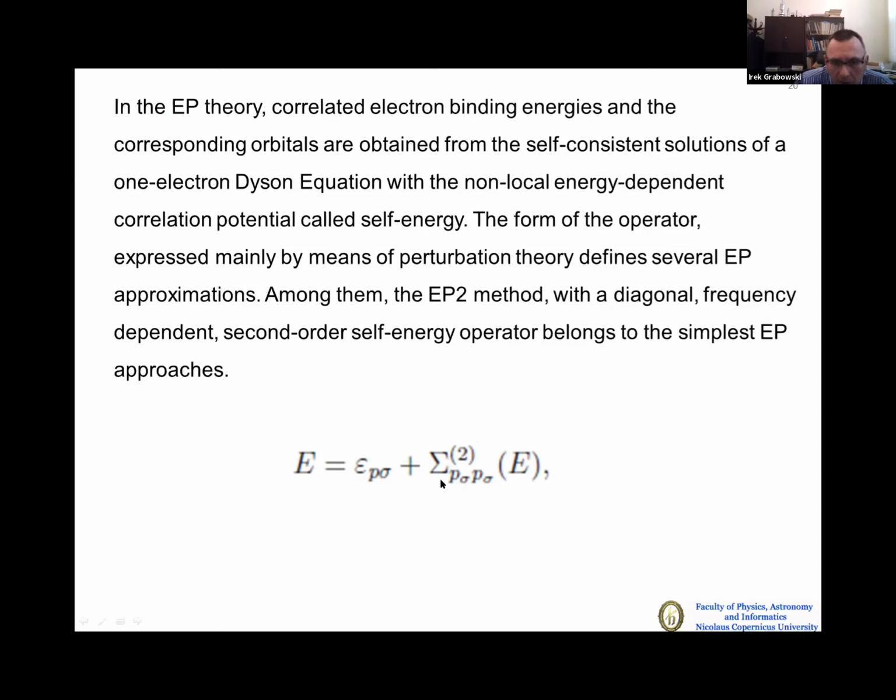And the form of this operator is usually expressed by perturbation theory, and at the simplest approximation of the second order with some diagonal approximation, it defines the method which people call electron propagator second order, the EP2 method.